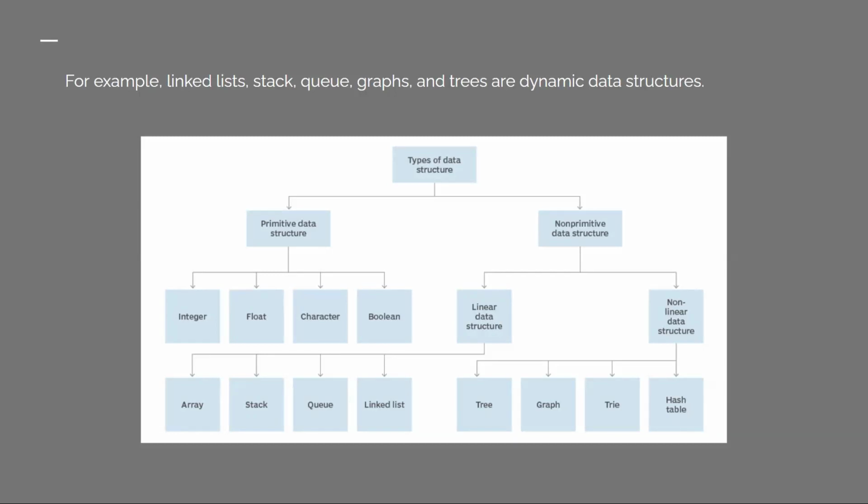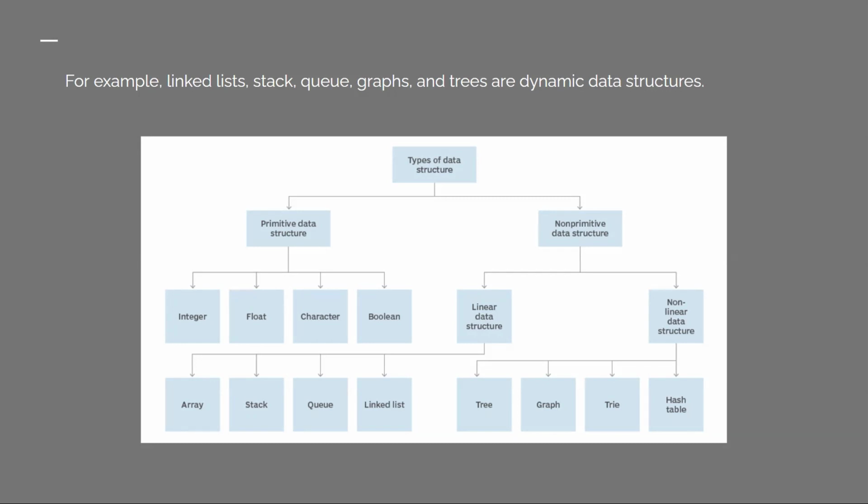Here's the tree of types of data structures. So here are two main types of data structures: primitive data structure and non-primitive data structure. Non-primitive data structure consists of linear data structure and non-linear data structure.